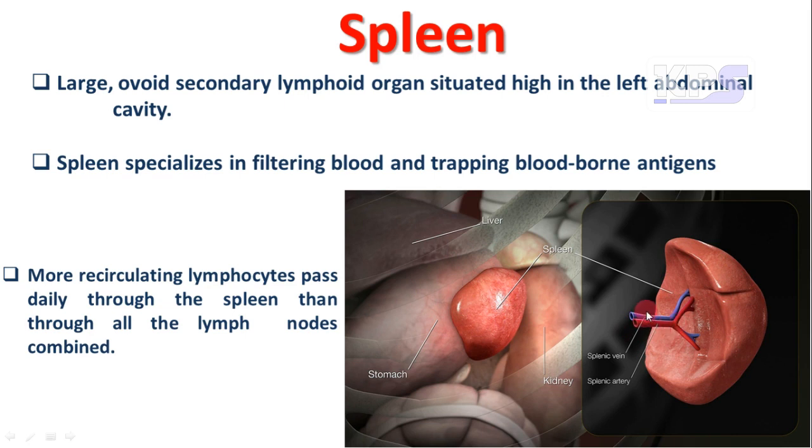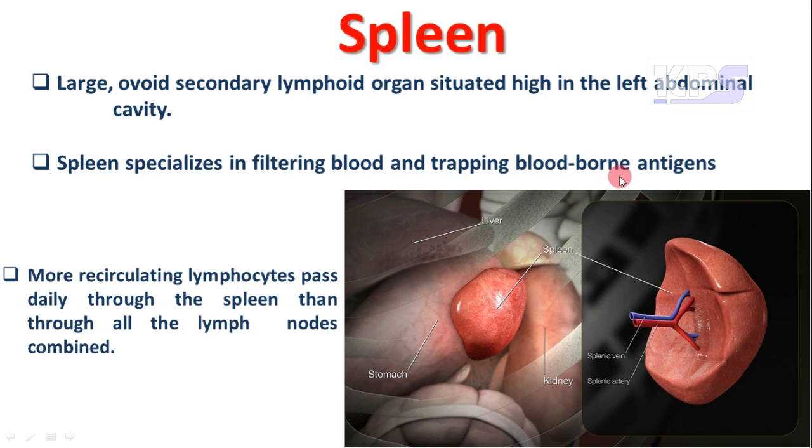This spleen has a splenic vein and artery. The splenic artery gives blood to the spleen, and from the spleen the blood is collected by the splenic vein.